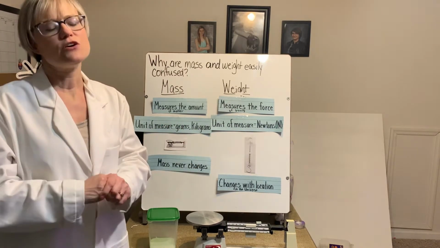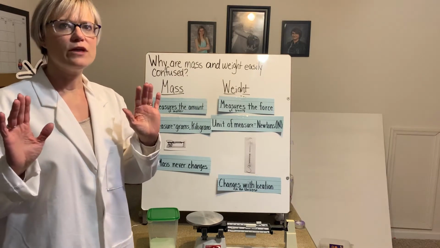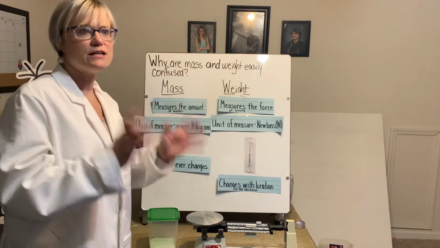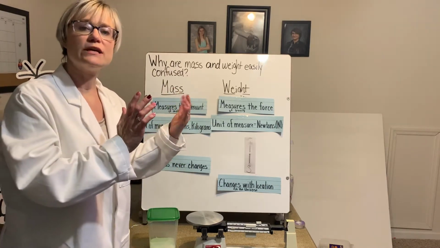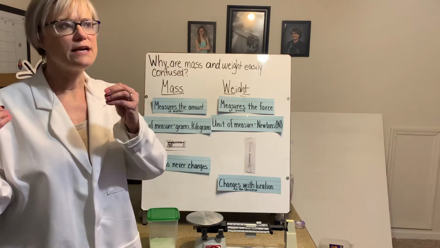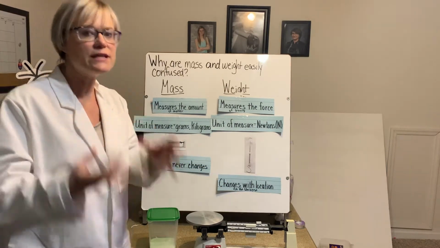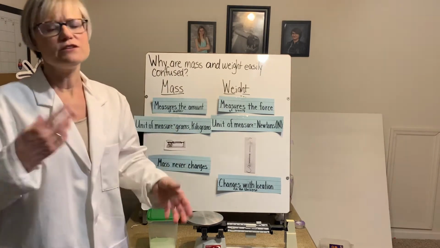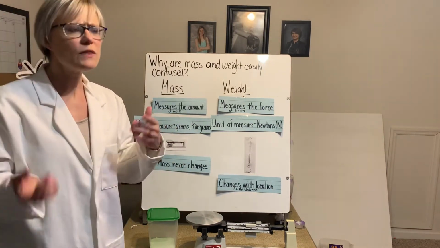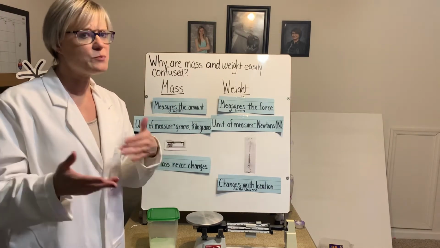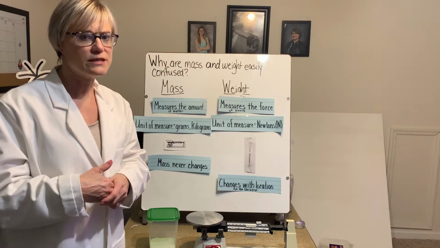All right, so when there's something that has lots of mass, it has lots of gravitational pull, and so it is a heavy object. It will weigh more. If it has less mass, it has less gravitational pull, and it will have less weight. So all those things are interrelated. So since mass and weight are interrelated, maybe that's part of the reason why people get them easily confused.